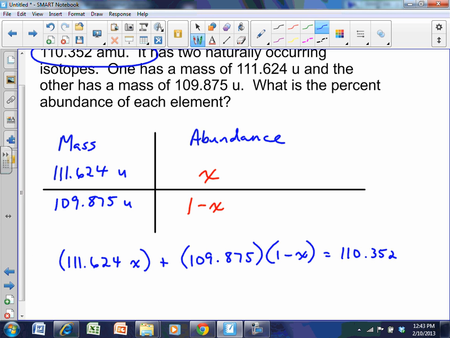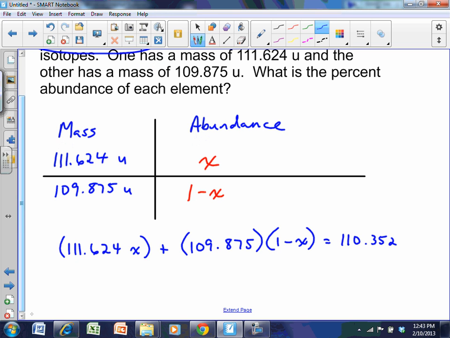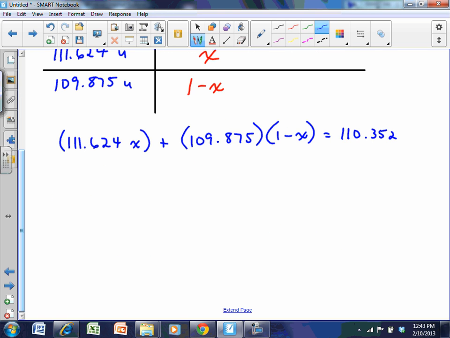Okay, so let's distribute. I'm going to have 111.624X, and then I'm going to distribute the 109.875 to the 1 minus X term.